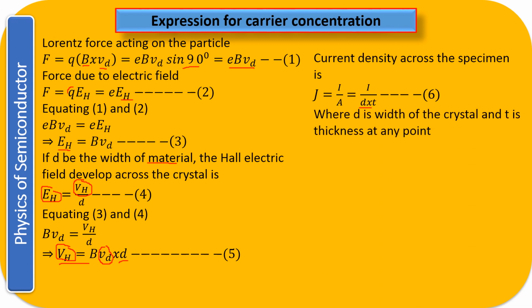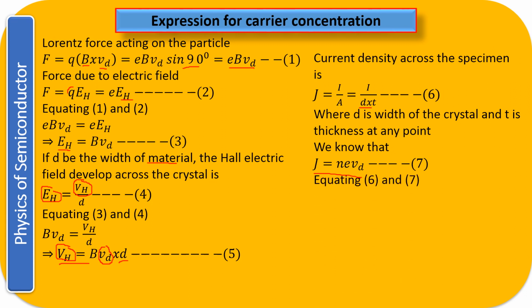So this is your current density J, where D is the width of the crystal and T is the thickness at that point. So now we know that J is equal to Ne into Vd. This is what we have already derived in case of a semiconductor or conductor, right? So current density J is equal to Ne into Vd.